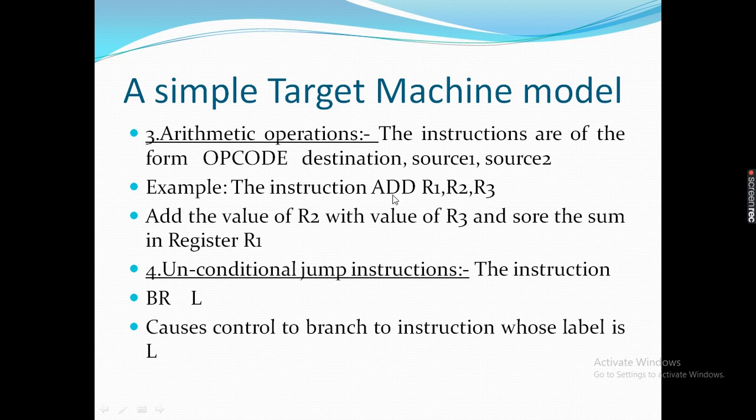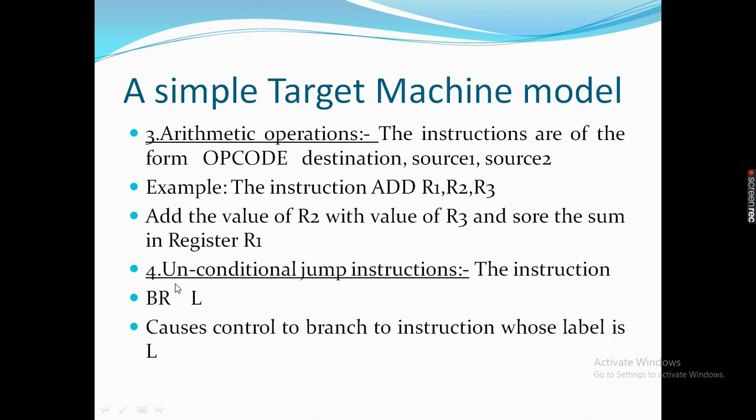For example, the instruction ADD R1, R2, R3 will add the value of register R2 with register R3, and the sum will be stored in register R1. So opcode is ADD here, destination is R1 where the result is stored, and source 1 and source 2 are registers R2 and R3 respectively.